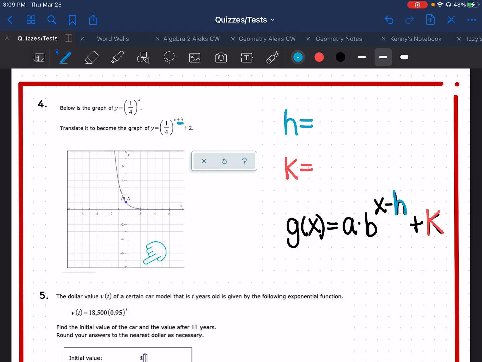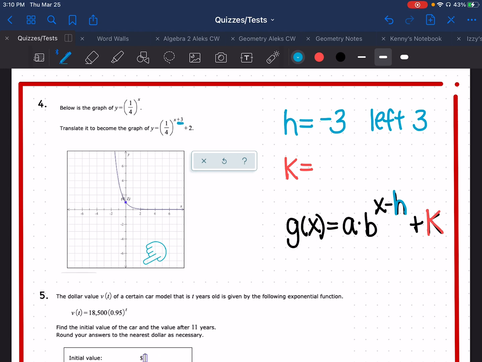Now remember, H is tricky because look at the formula. It has a minus in the formula. So H is trying to trick you. The H right here that I underlined looks like +3, but it's really -3. That means that I'm going to move left 3 units.